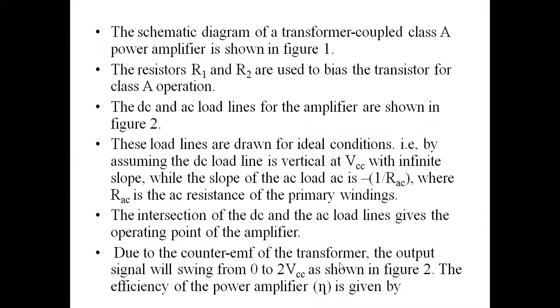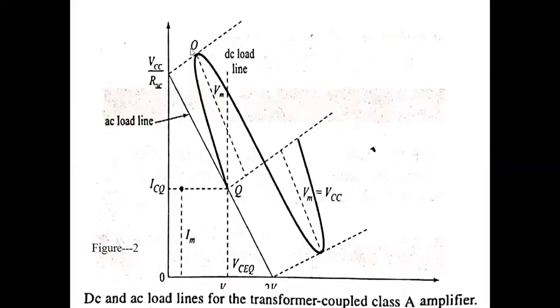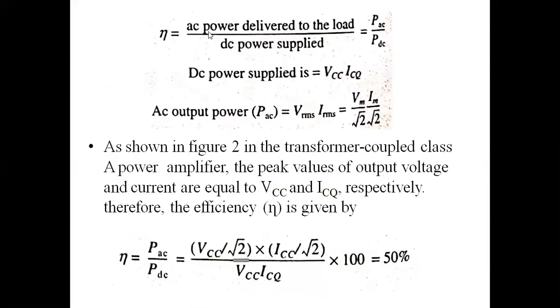Due to the counter EMF of the transformer, the output signal will swing from 0 to VCC, as shown in the figure. The efficiency is the ratio of AC power delivered to the load divided by DC power supplied, that is PAC divided by PDC.